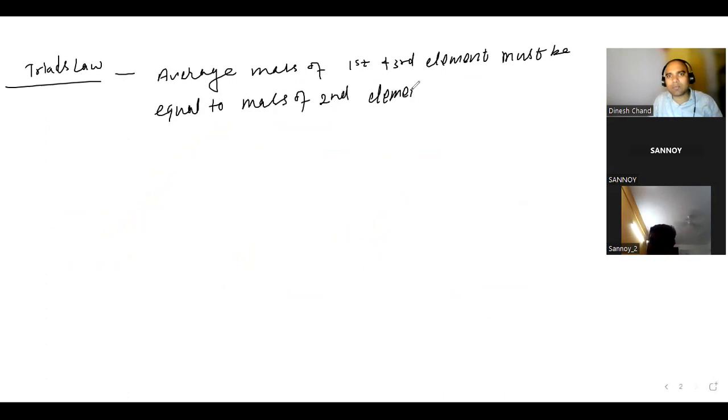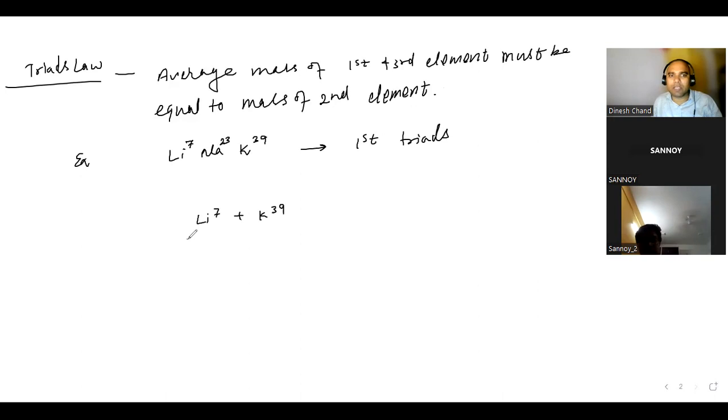This was his model. For example, he gave lithium, sodium, and potassium. This was the first triad. The mass of lithium is 7, the mass of sodium is 23, and the mass of potassium is 39. He said you add the masses of the first and last elements and calculate the average by dividing by 2, and it should always come to the mass of the second element.